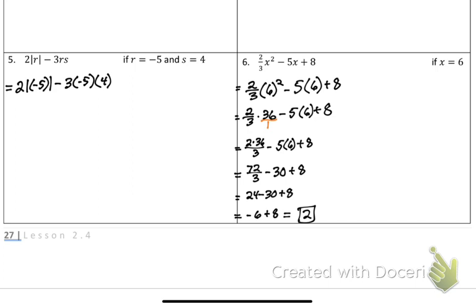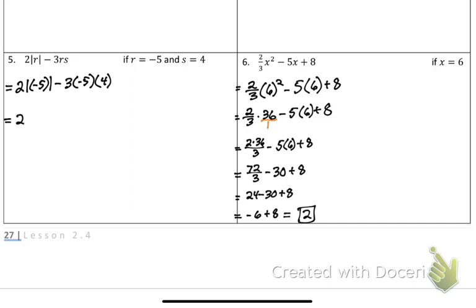Now remember, we do all of our grouping first, so anything with parentheses or absolute values. So we have to do absolute values first. It would be a positive 5, right? Because I have a negative 5 in an absolute value. We take the absolute value of it and it turns into a positive 5.